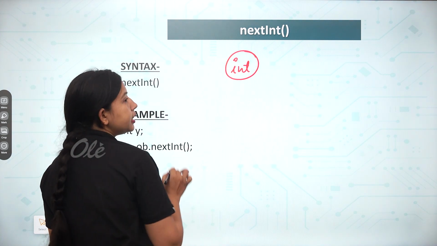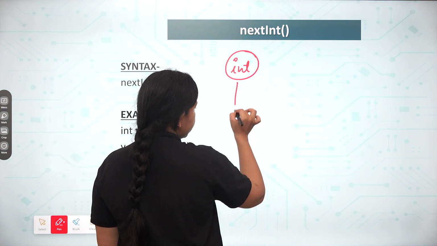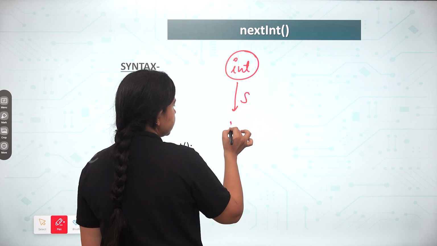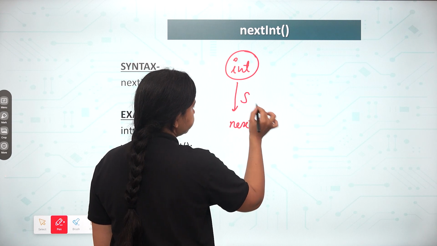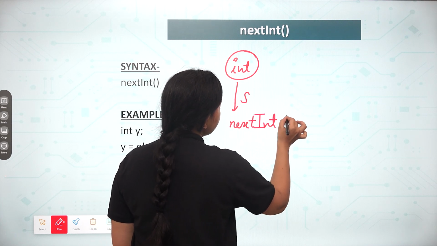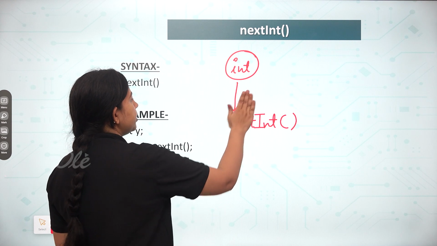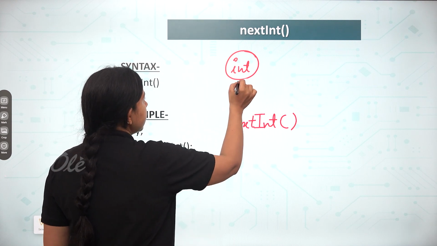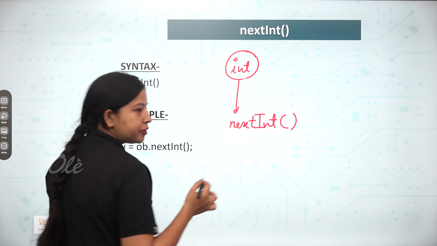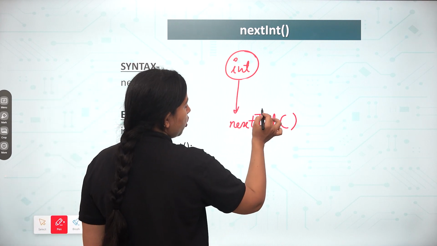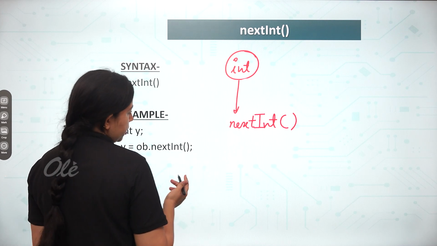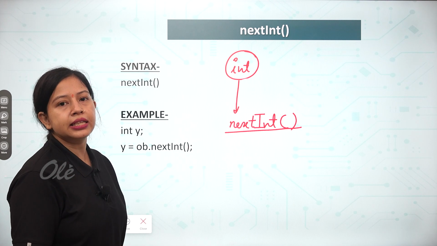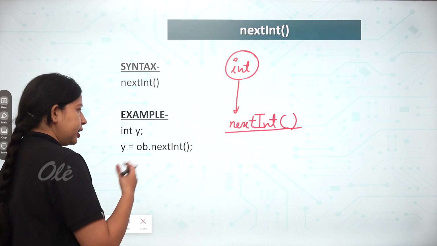Int means the integer number. For storing any integer number, we have a scanner class method, that is nextInt. There is no gap between next and Int, and one thing you should remember, it doesn't contain any space between next and int, and I is always capital. So what is the way to access it? Simply with the help of creating the scanner class object, we use it.